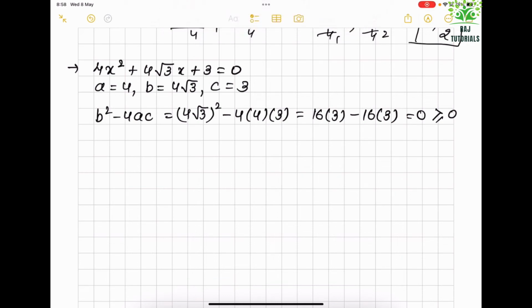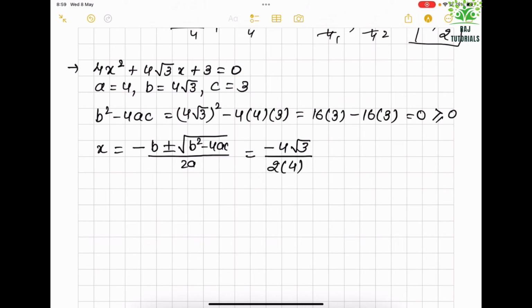Now checking them. If I find the roots by using the formula x equal to minus b plus or minus root of b square minus 4ac upon 2a, here we will get both the roots equal because b square minus 4ac is 0. So I can say minus 4 root 3 upon 2 into 4, because this will be plus or minus root 0, and 0's root will always be 0.